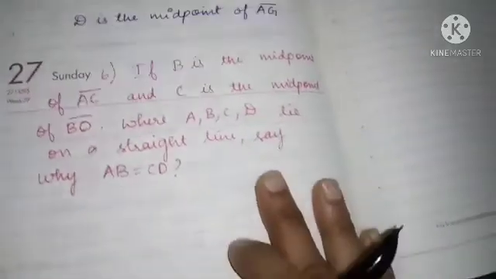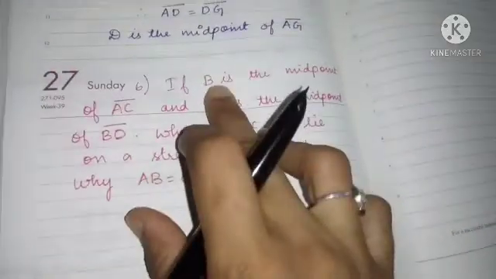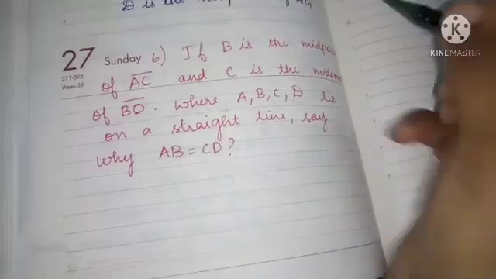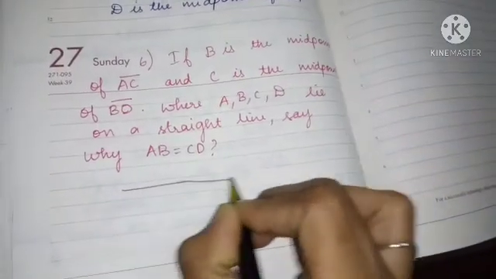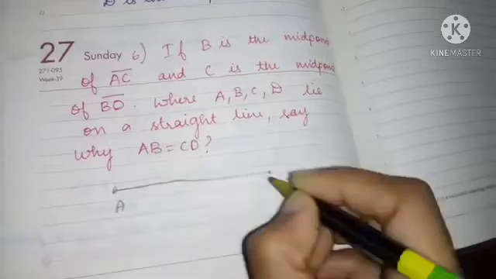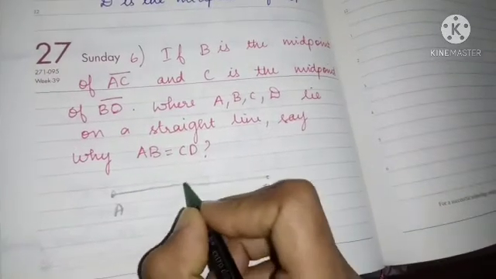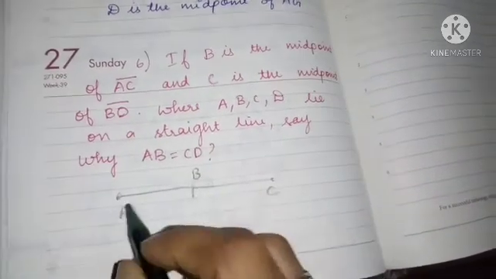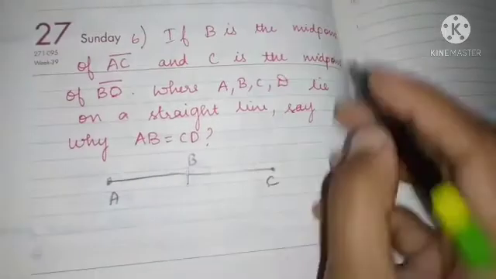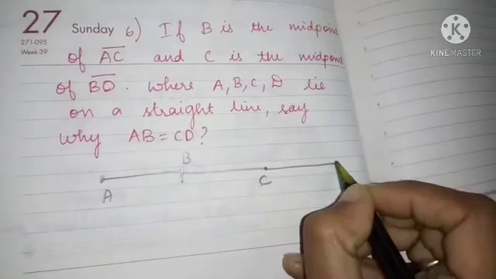Next, sixth problem. B is the midpoint of AC. B is the midpoint means the center point of AC.